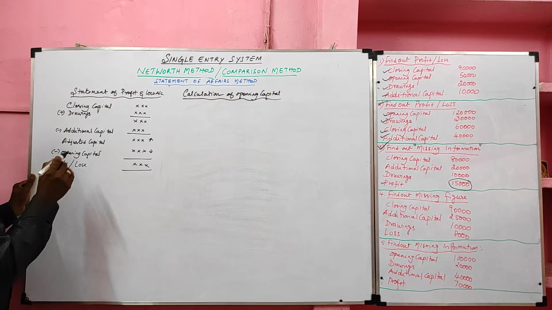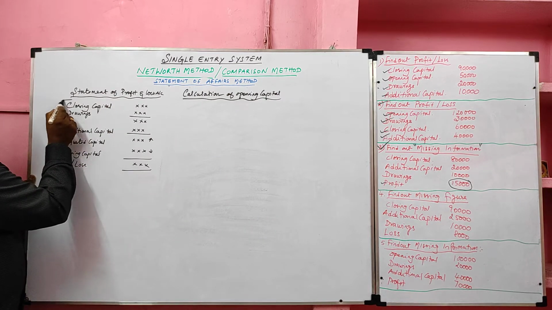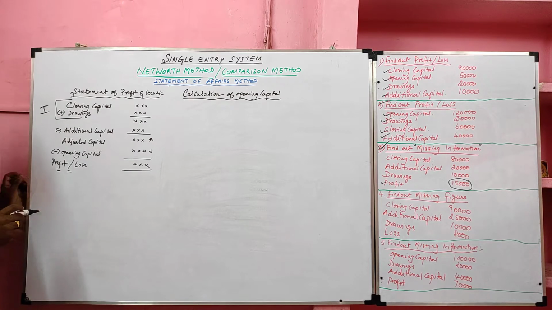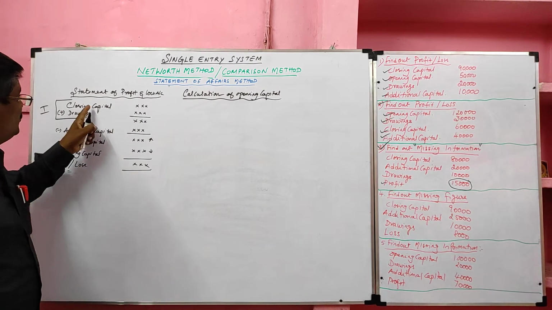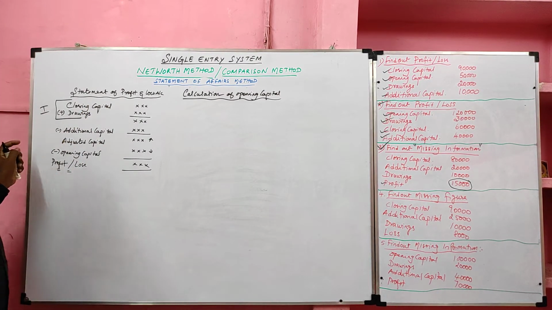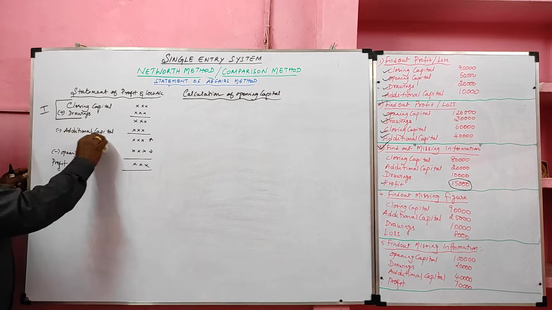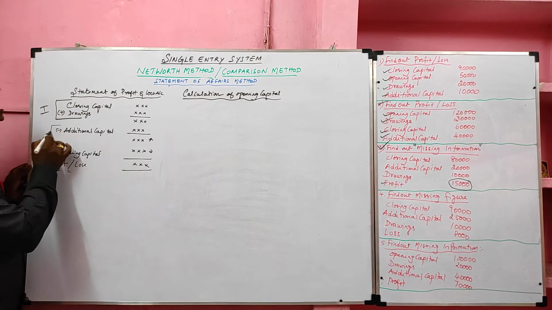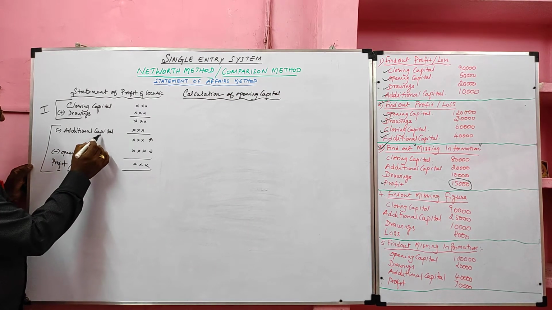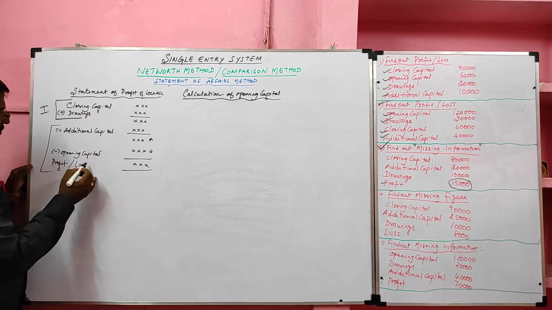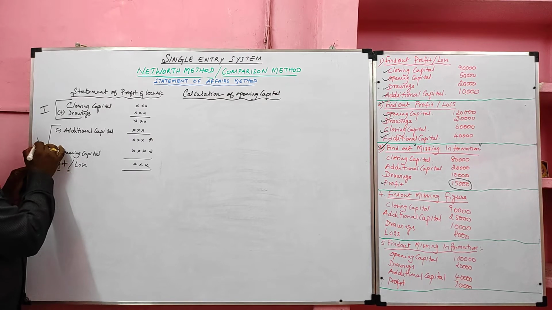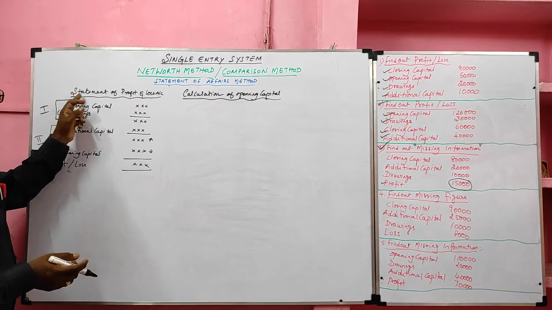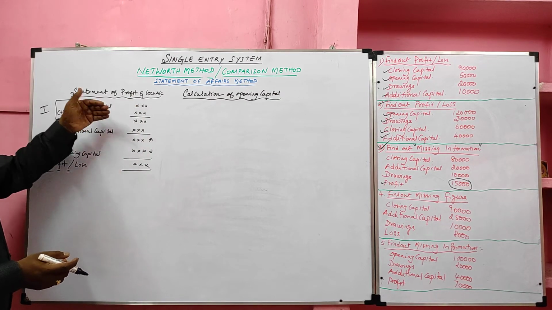Now we'll take closing capital and drawings as the first part. The other three items, additional capital, opening capital, profit, we can call the second part. So what I did, I divided the statement of profit and loss account into two parts.